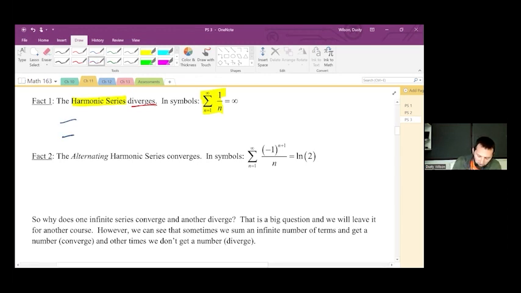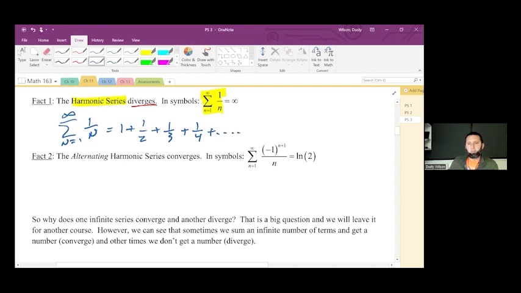That sum from n equals 1, so we can't divide by 0, to infinity of 1 over n would be 1 plus 1 over 2 plus 1 over 3 plus 1 over 4 plus dot, dot, dot.